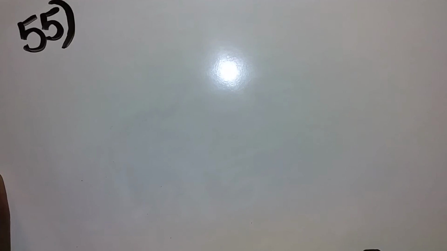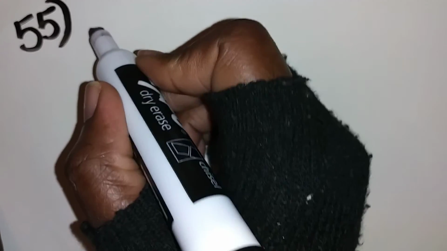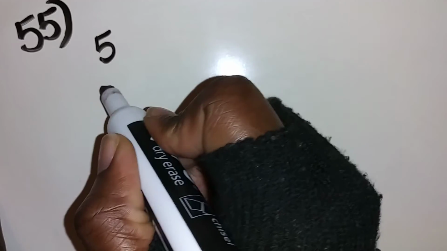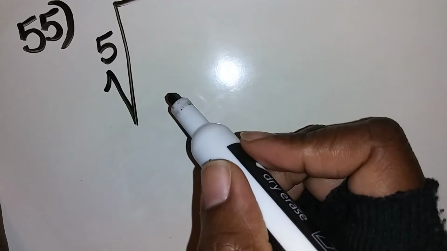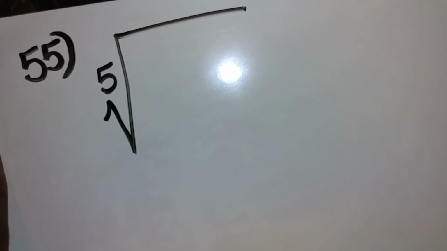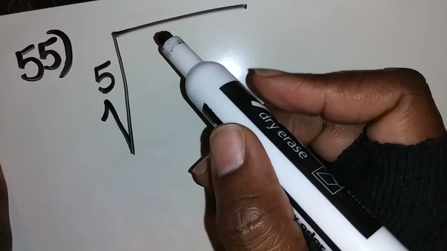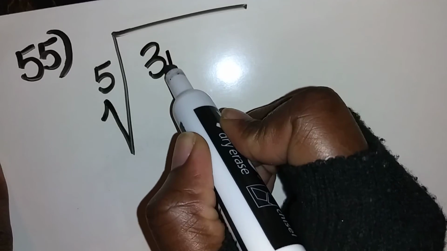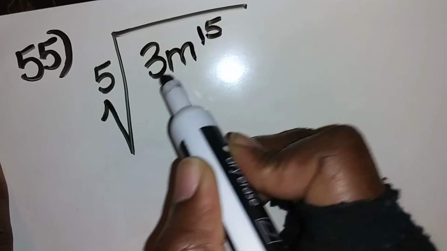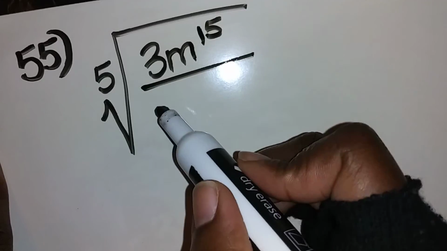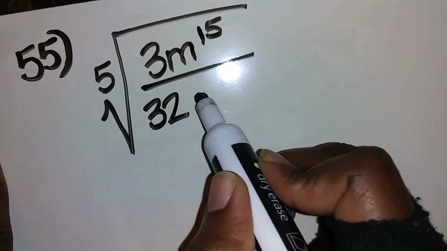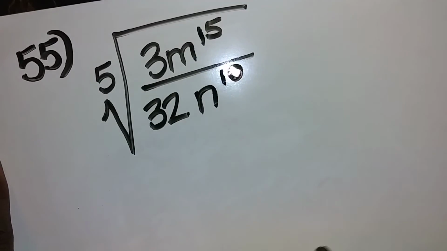Okay, let's look at number 55. 55 says assume no denominators are 0. This time I have the 5th root of 3m to the 15th power divided by 32n to the 10th power.